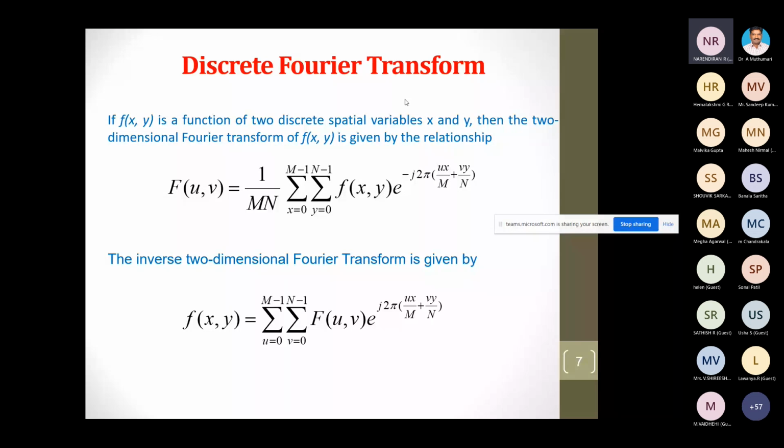And in the exponential, only the sign is replaced. Nothing else is there in that. There is no 1 divided by m by n, right? That first term is removed, and there is one small change in the exponential format: there is no minus sign, and these two values are exchanged, since we are converting from the frequency domain to the intensity domain.